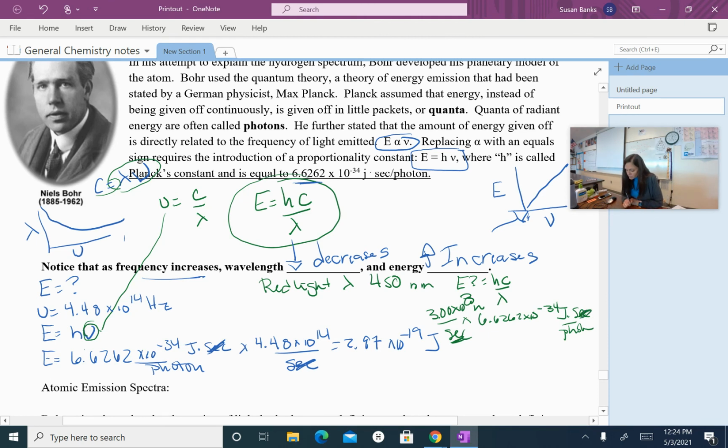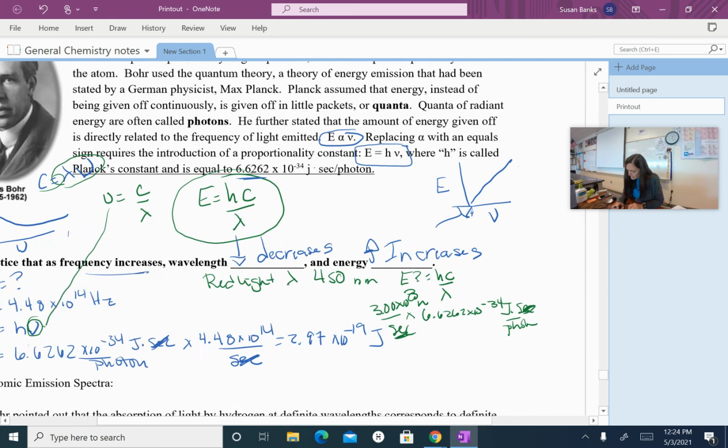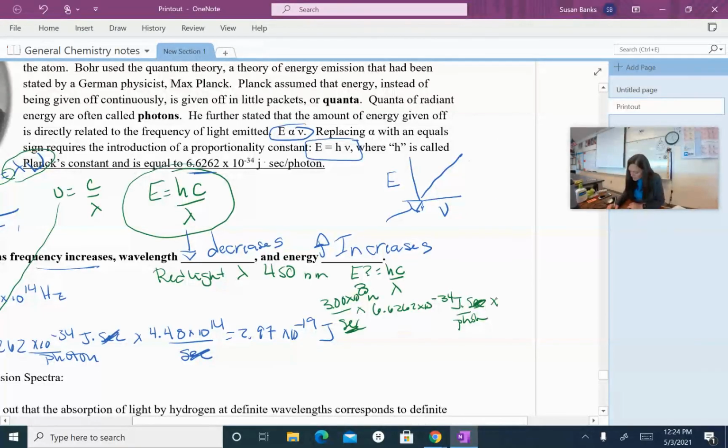And then I'm going to divide by my wavelength, which is 450 nanometers, but this is in meters, so I need to convert that. So I'm also going to have to multiply it by 10 to the 9th nanometers to get into meters.